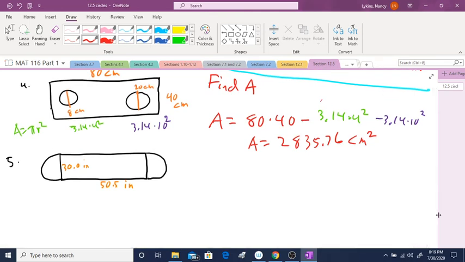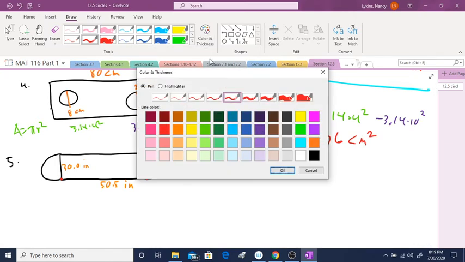Next, I got this pill shaped. Okay, I've got 50.5 inches that goes across. And what I want you to recognize, it's from this point. And then I've got the side going 30 inches up. So now I want the area of the whole shape.